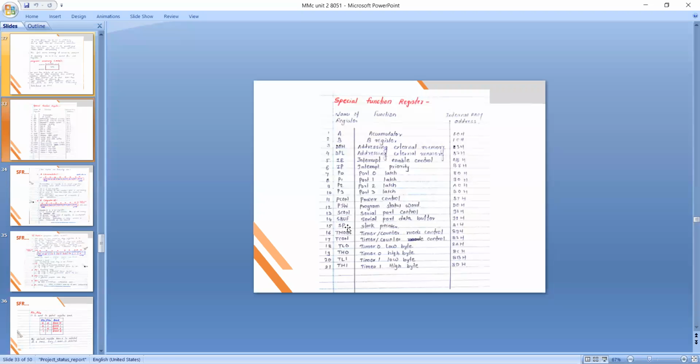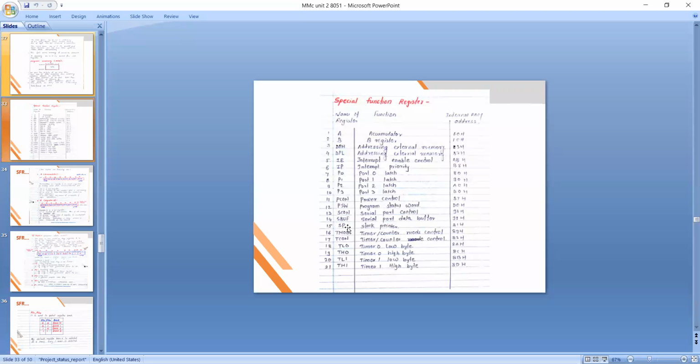Whatever the timer value is, it is stored in TL0, TH0, TL1 and TH1, as we know the 8051 has two timers, Timer 0 and Timer 1.